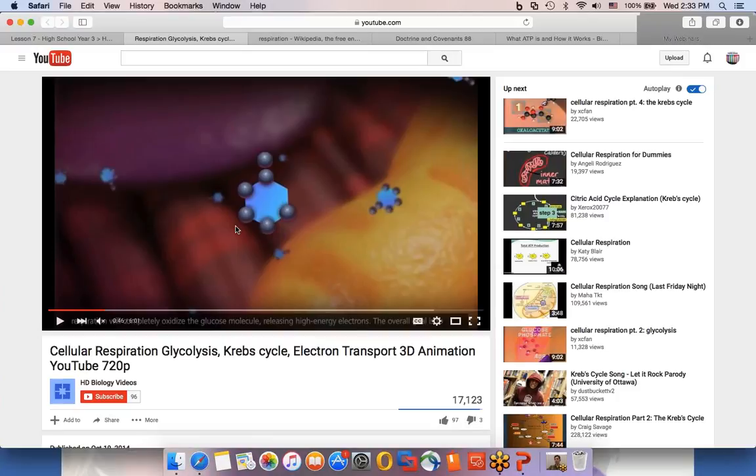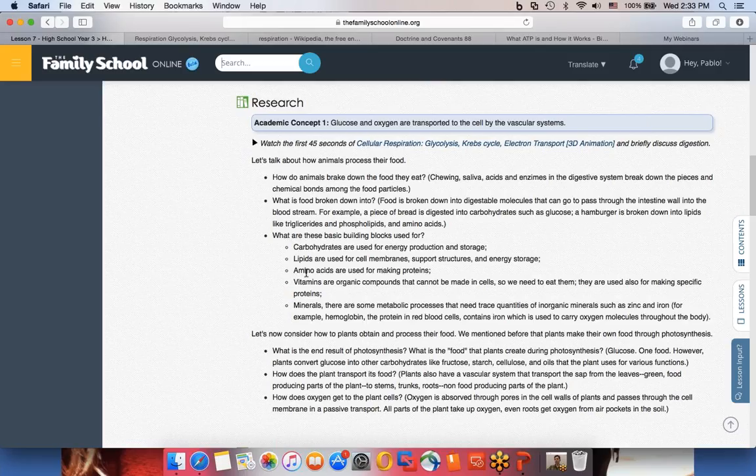Starting with the animals, they chew the food, and the saliva helps to break down the food. It goes into the stomach, and acids and enzymes break down the chemical bonds of the food even more, into digestible molecules, the basic building blocks.